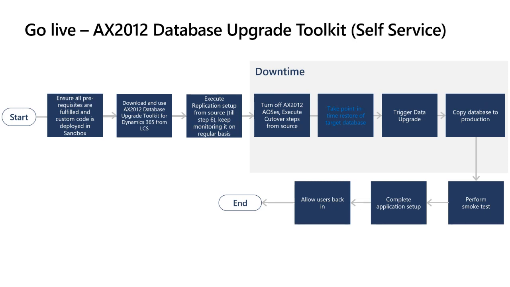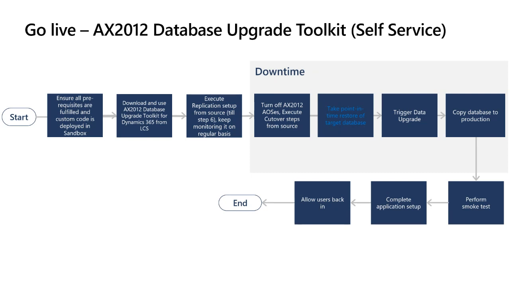Then you set up replication, basically complete till step number 6, as we saw in the demo, and then you keep monitoring the replication on a regular basis, right? That makes sure, once the replication is set up, your transactions keep moving from AX2012 to D365 sandbox database.